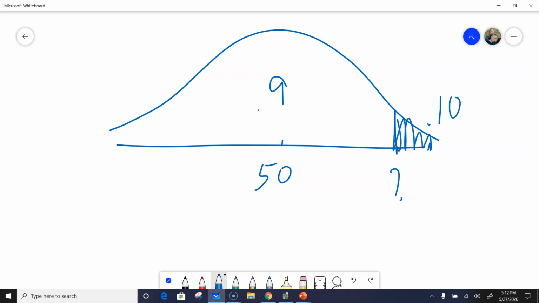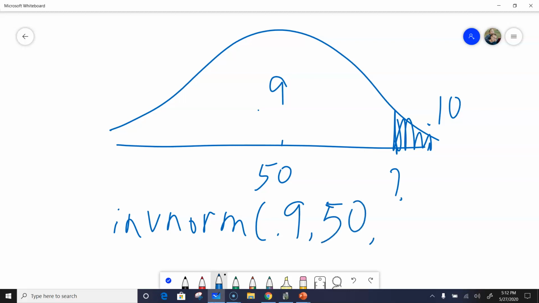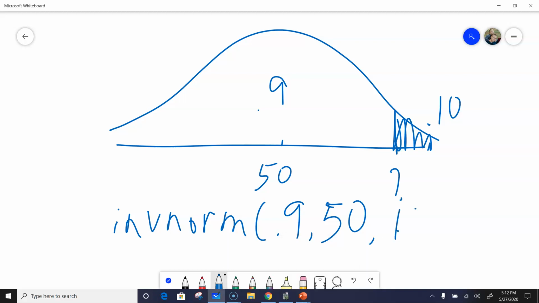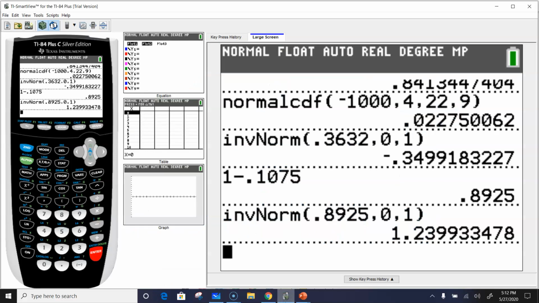So we have to inverse norm 0.9. Mean is 50, and I need to peek back at the standard deviation, 10. Okay, so we're going to inverse norm 0.9 with 50 and 10.